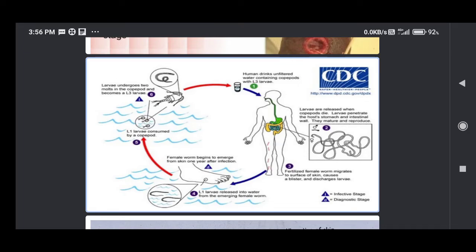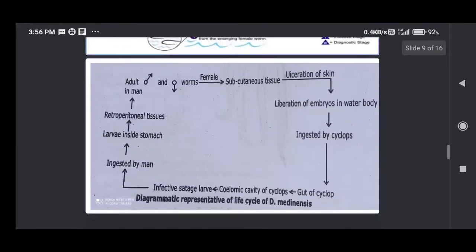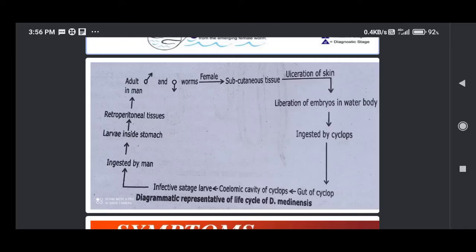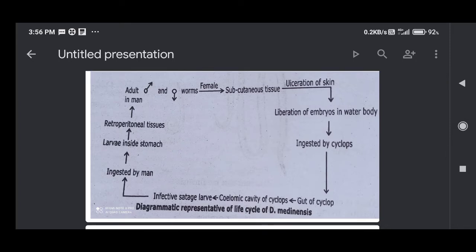And one more thing here, the movement of the parasite in human beings. The adult male and female undergo reproduction, and they may be present in subcutaneous tissues. Whenever the parasite is present, ulceration of the skin takes place.